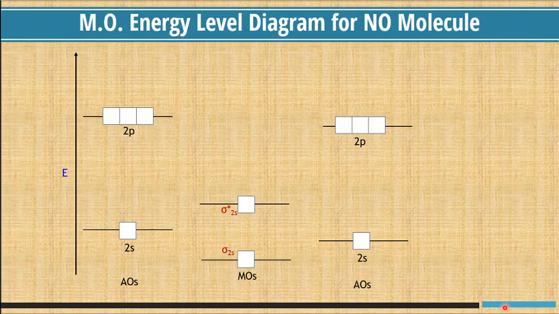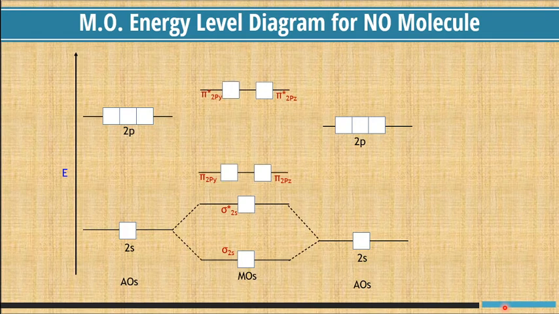Combination of 2s orbitals gives rise to the molecular orbitals sigma 2s and sigma star 2s. Combination of 2py and 2pz orbitals gives rise to the pi 2py and pi 2pz bonding molecular orbitals, and pi star 2py and pi star 2pz anti-bonding molecular orbitals.